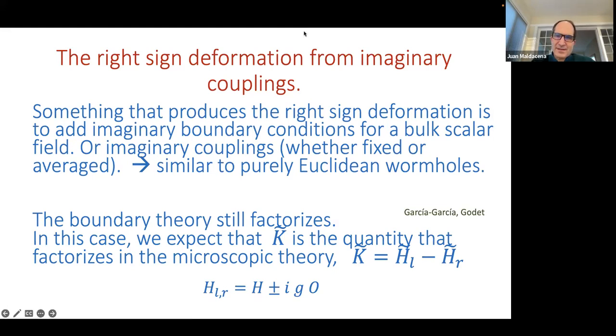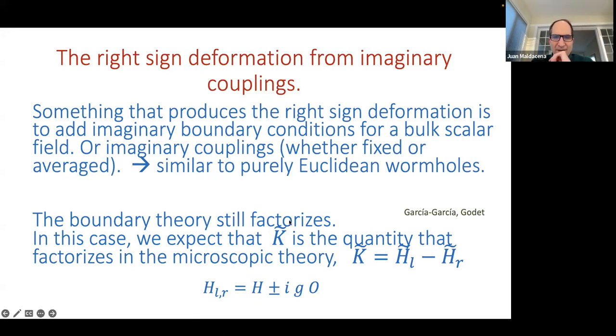The idea is simply to take the same setup, but add imaginary boundary conditions for a bulk scalar field that are opposite on the two sides, or add imaginary couplings, so let's say fixed imaginary couplings. This gives a contribution which has the right i epsilon prescription.